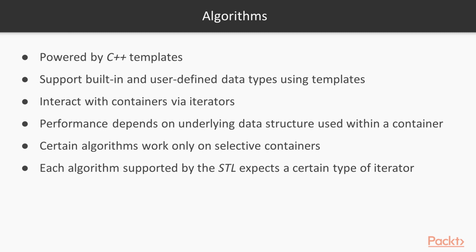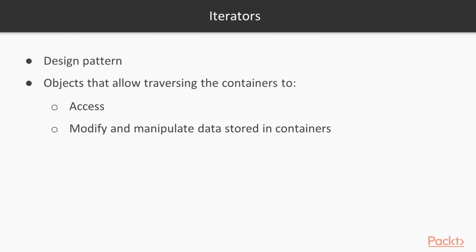Hence, what matters to the algorithms is the iterator supported by the container. Having said that, the performance of an algorithm depends on the underlying data structure used within a container. Hence, certain algorithms work only on selective containers, as each algorithm supported by the STL expects a certain type of iterator. Next, we will move on to iterators.